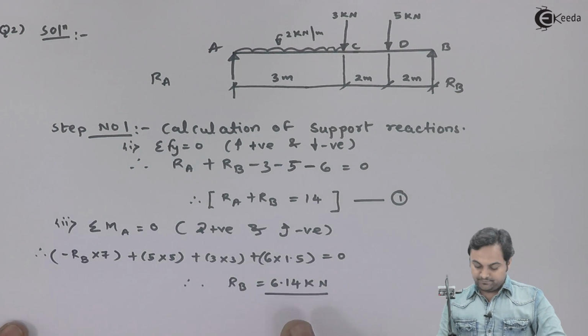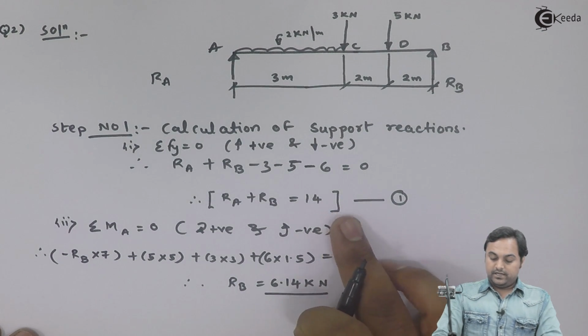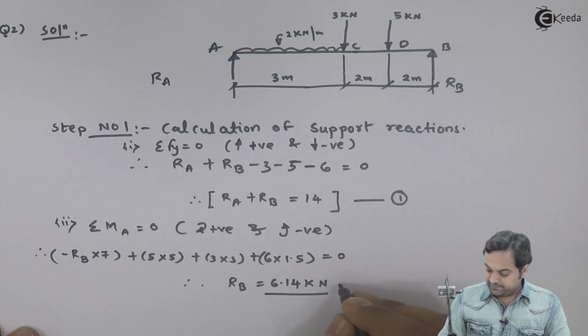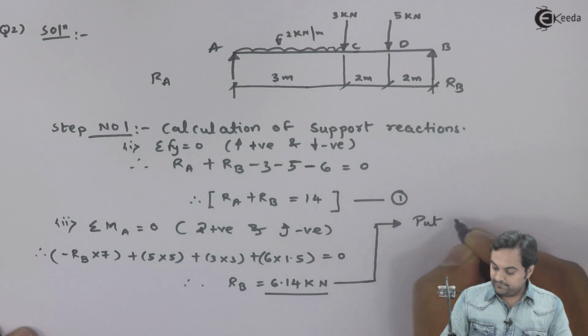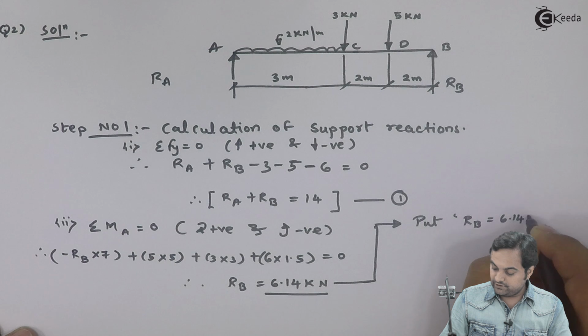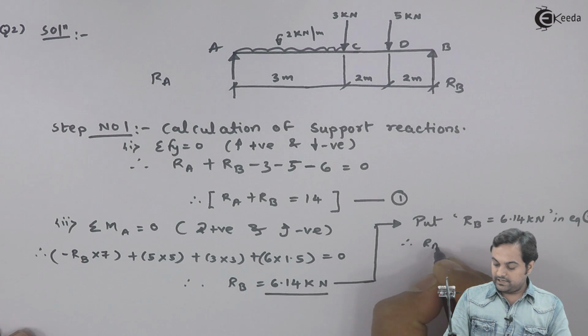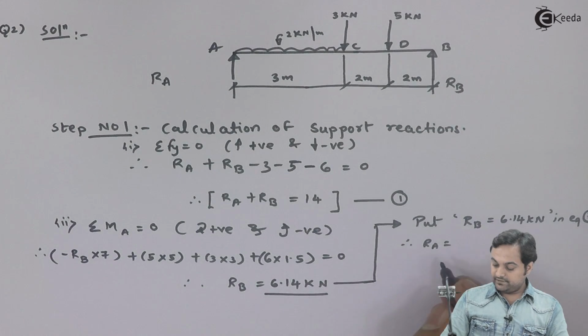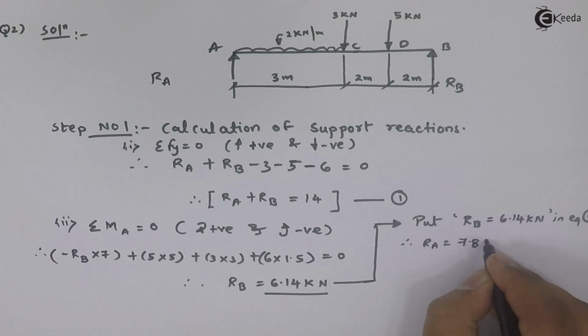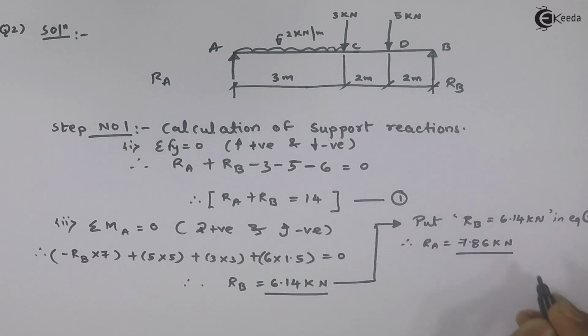After this, I will put RB in equation number 1, and so I will get the value of RA. Put RB is equal to 6.14 kilonewton in equation 1. So therefore RA value will be 14 minus 6.14, and that comes out to be 7.86 kilonewton. So I have calculated RA and RB values.